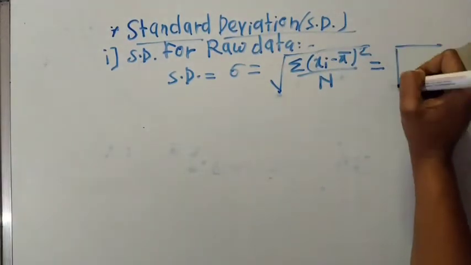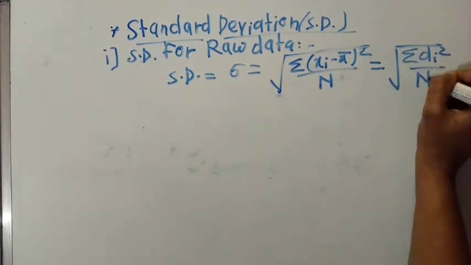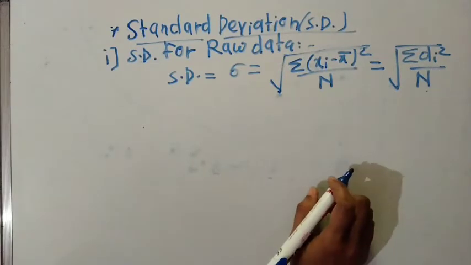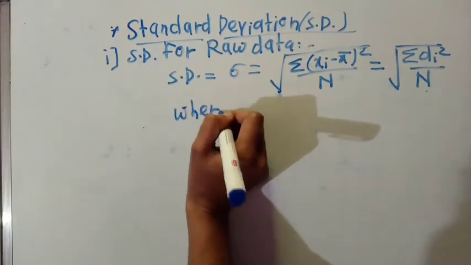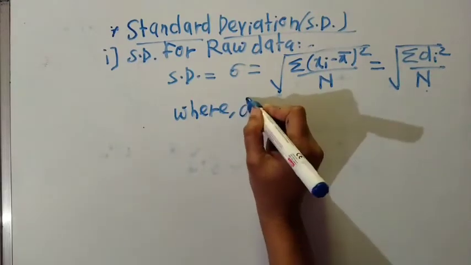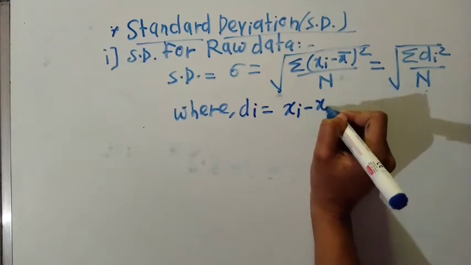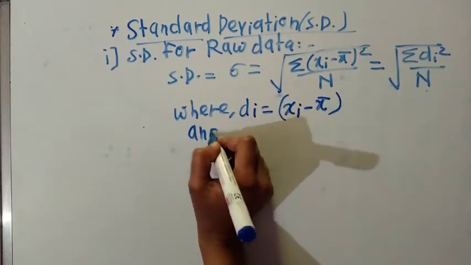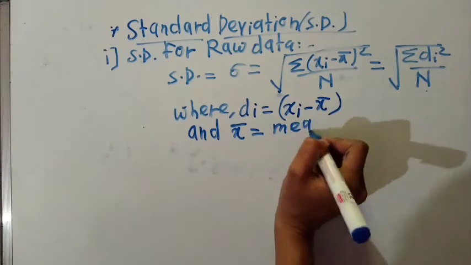This is equal to root of summation of di square upon n, where di is equal to xi minus x bar, and x bar is the mean.